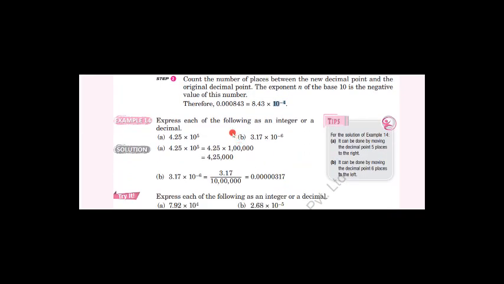Now come to the next example, number 14, where in the decimal notation we have to convert them into whole numbers or decimal form. Here we are having 10 raised to the power of 5, and we know that 10 raised to the power of 5 is equal to 1 lakh. Placing this and removing the number of zeros from here, you have to see how many decimal places we have. Since we have 2 decimal places, you have to remove 2 zeros, which comes out to be 425 into 1000, that is 4,25,000.